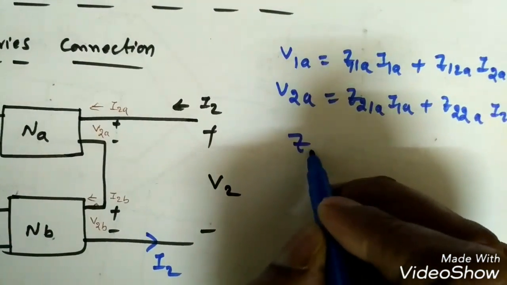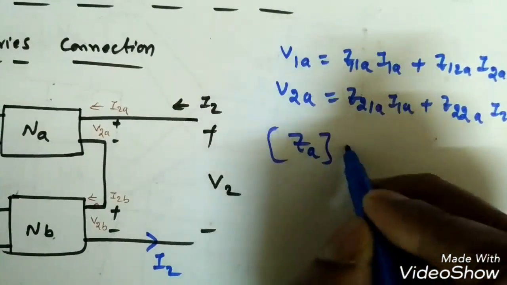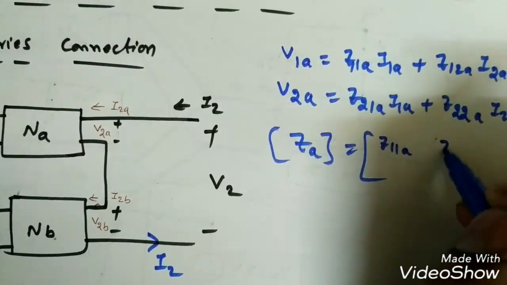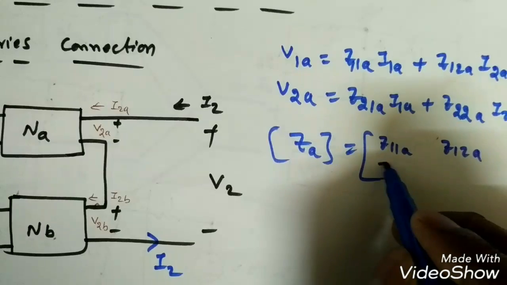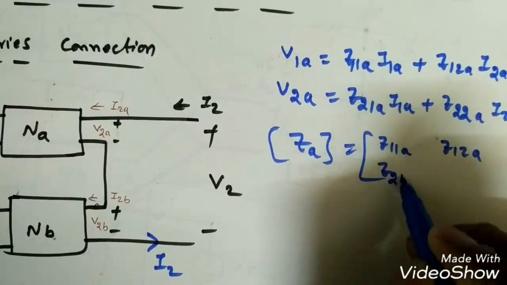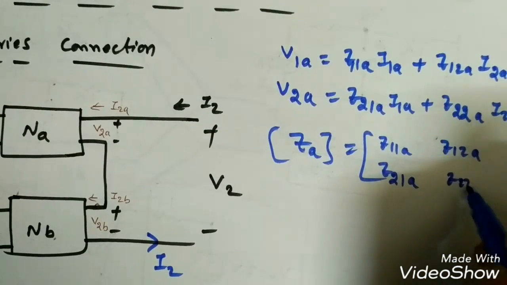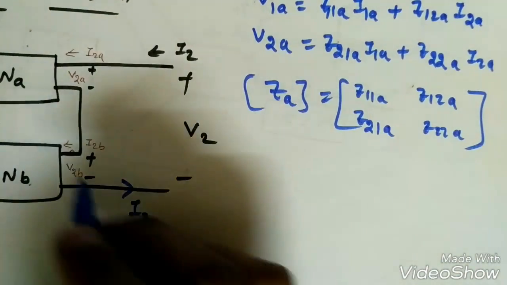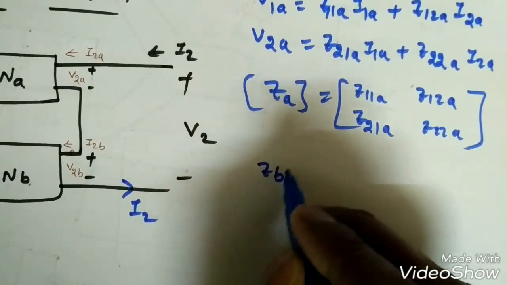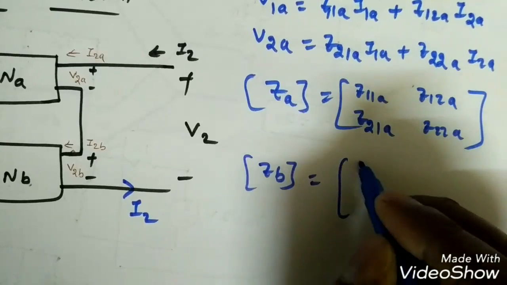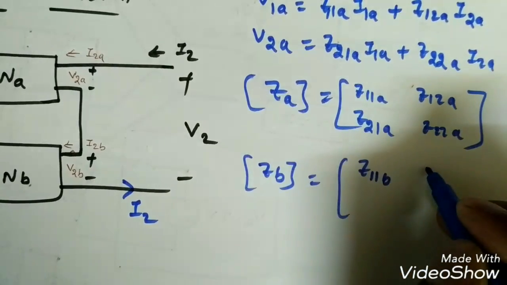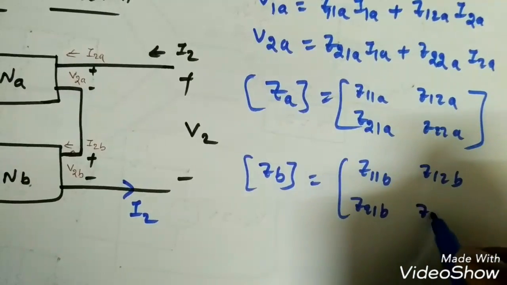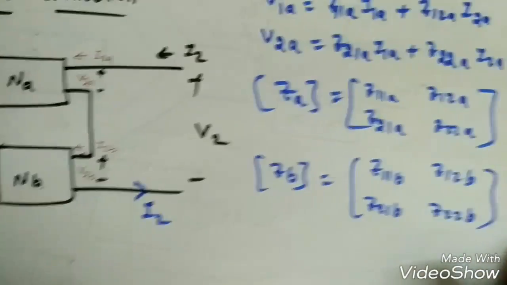So the Z parameter matrix, I will assume ZA, is Z11A, Z12A, Z21A, Z22A. Similarly for network B, I find ZB as Z11B, Z12B, Z21B, Z22B.